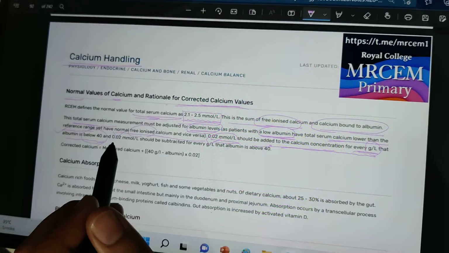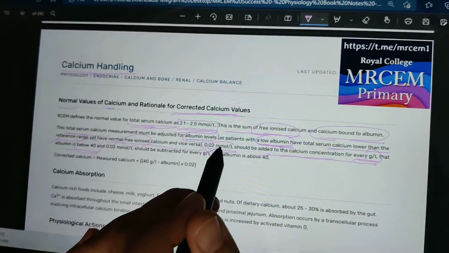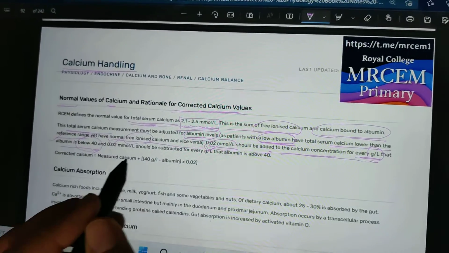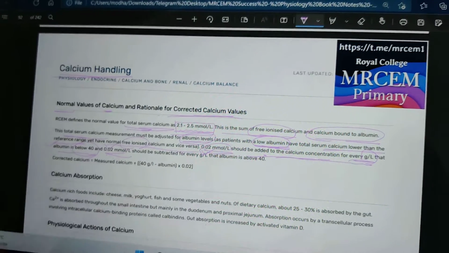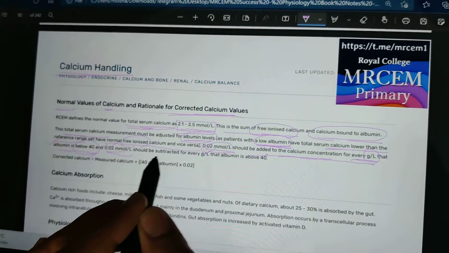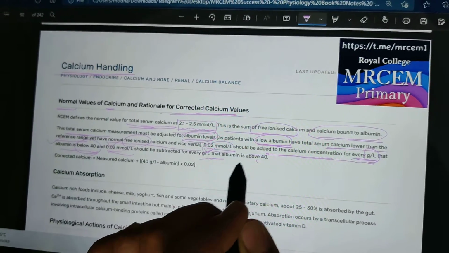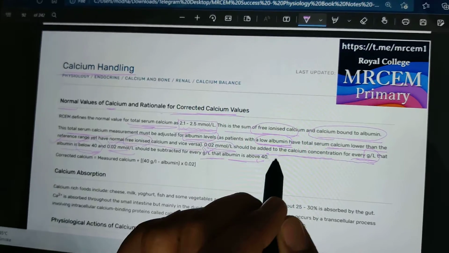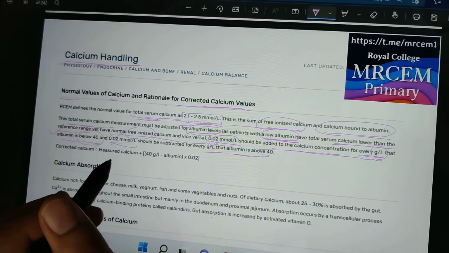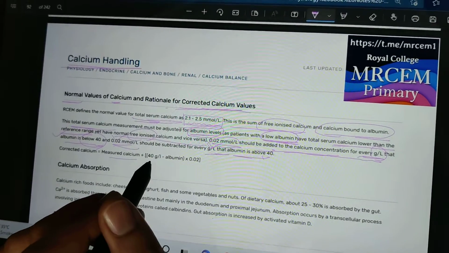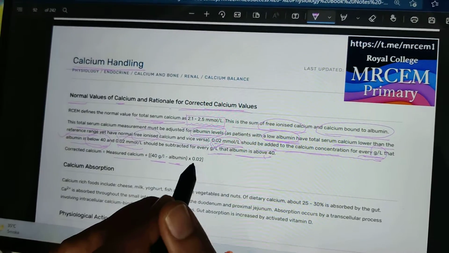And 0.02 millimole should be subtracted for every gram per liter of albumin increased above 40. Okay, got it. Then corrected calcium is equal to measured calcium plus 40 gram per liter minus albumin into 0.02.